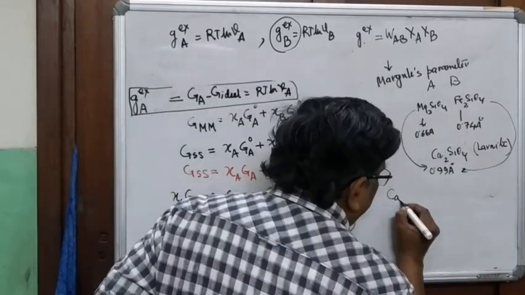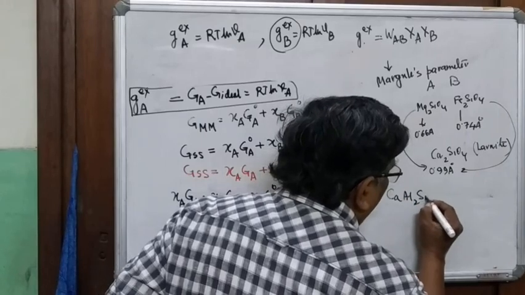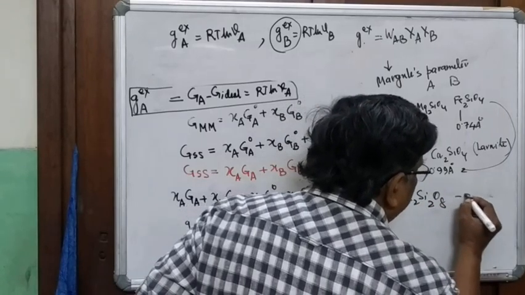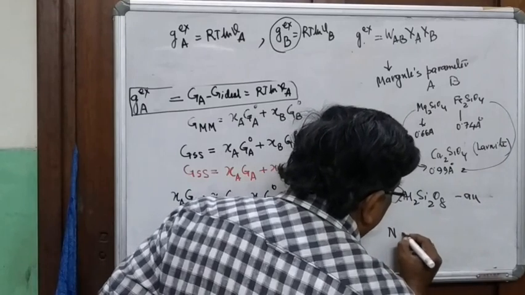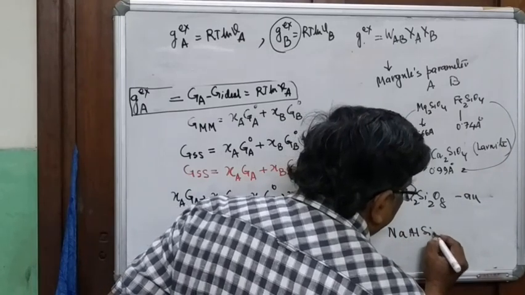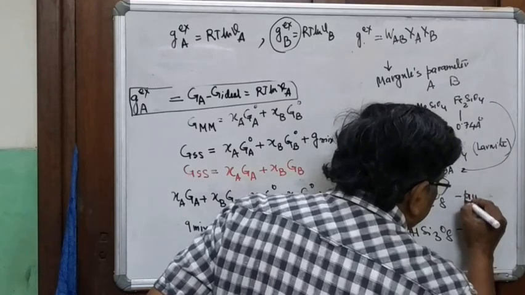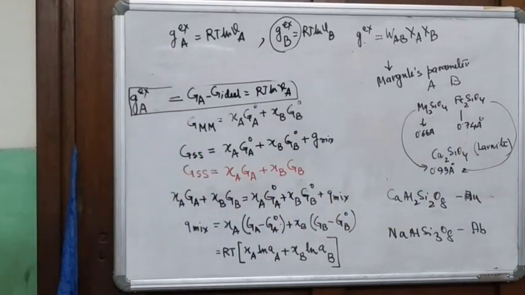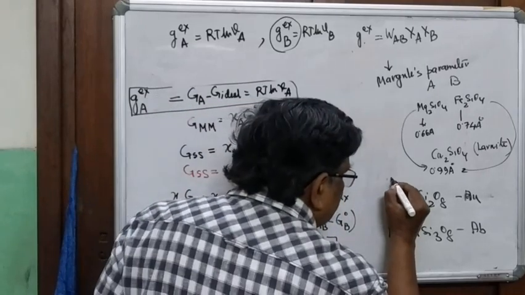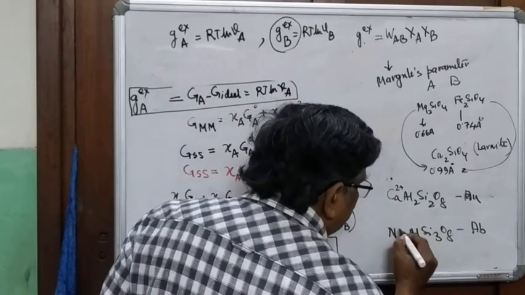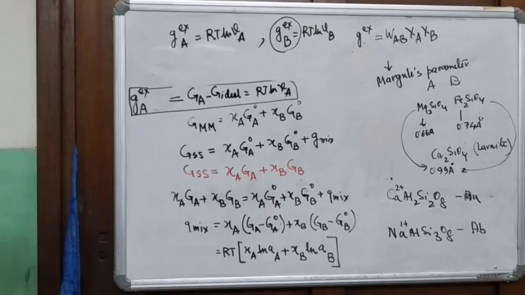Say you have CaAl2Si2O8. This is anorthite. And you have NaAlSi3O8. This is albite. Anorthite and albite. This is 2 plus, this is 1 plus.